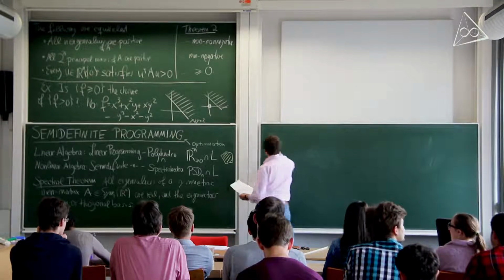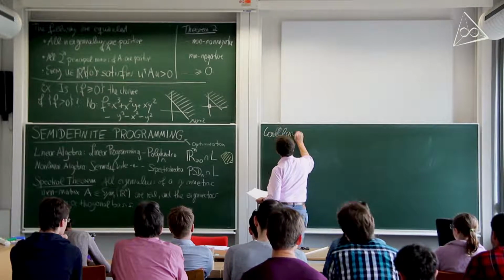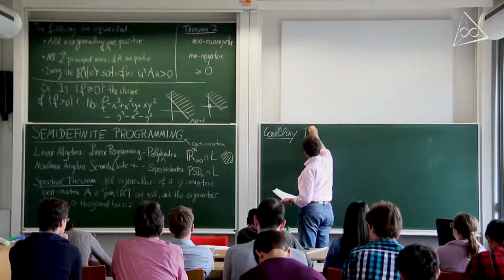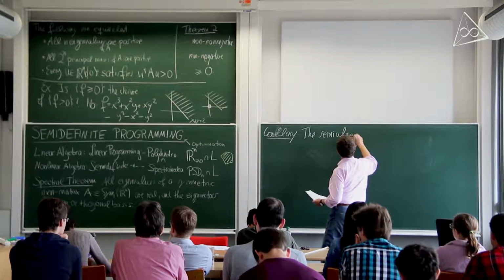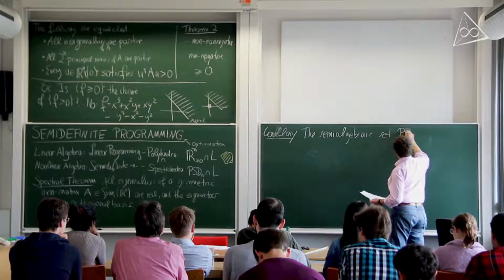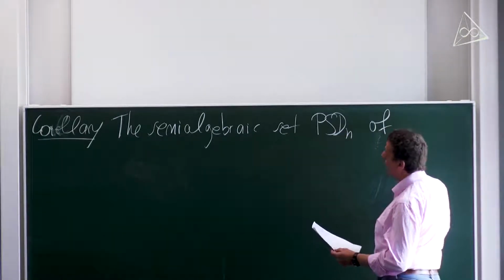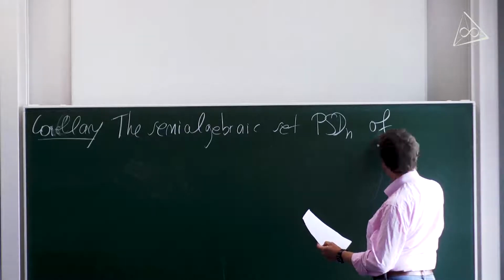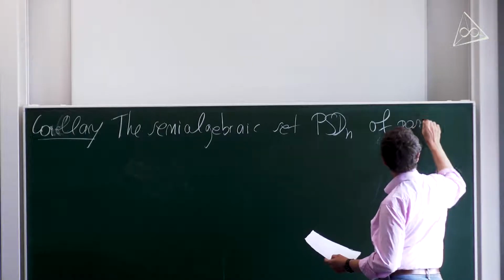Okay, but let's go back to the good world. Everything is okay for positive definite matrices if you take enough inequalities. So we have the basic closed semi-algebraic set, which I'll call PSD of n. The basic open one, let's make it closed.